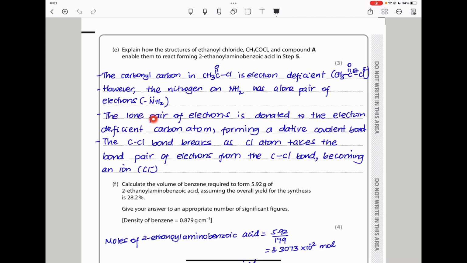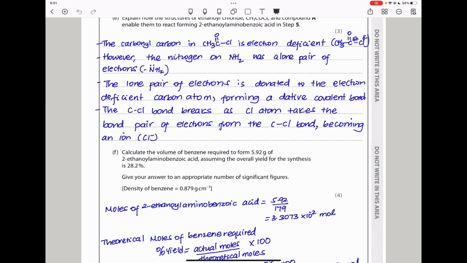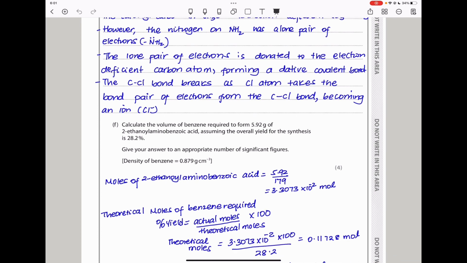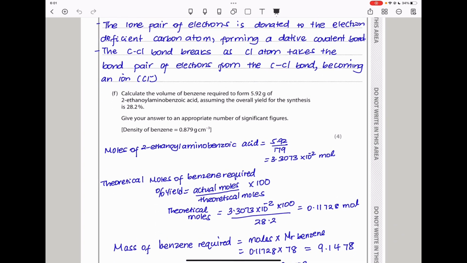And then the lone pair of electrons is donated to the electron deficient carbon atom, forming a dative covalent bond. And when that occurs, the carbon-chlorine bond breaks as the Cl atom takes the bond pair of electrons from the carbon-chlorine bond, becoming a chloride. So chlorine becomes a chloride, and then the NH2 is going to attach onto the carbon with the formation of a dative covalent bond.